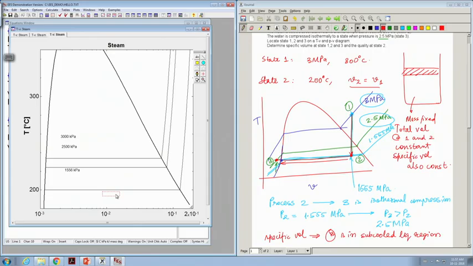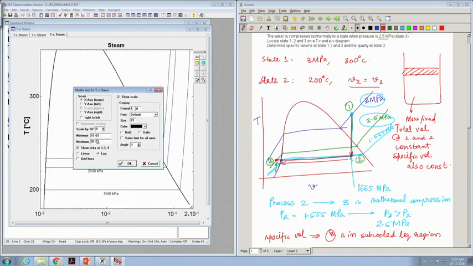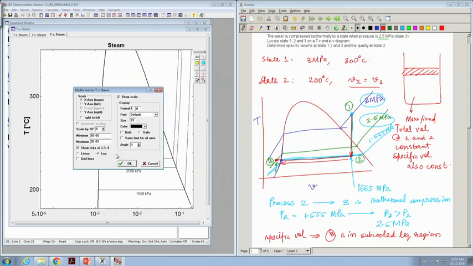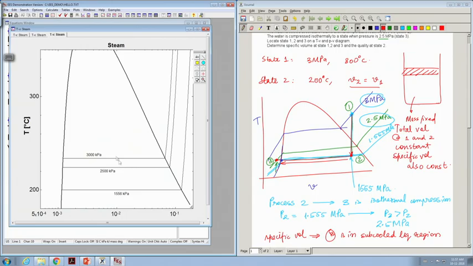This is the lowest isobar, this is the middle isobar, and this is the other isobar. Let us have some space on the left hand side also. That's too much space. Oh, sorry. Okay, like this.